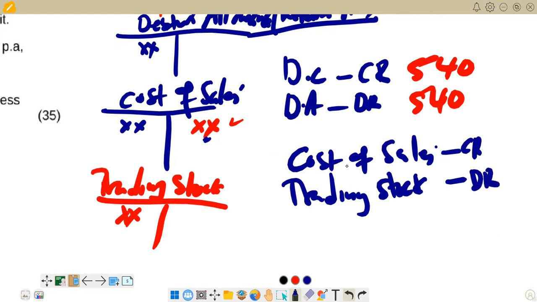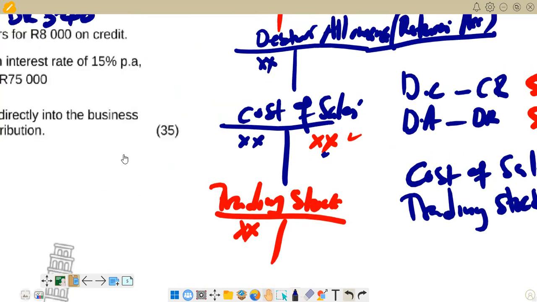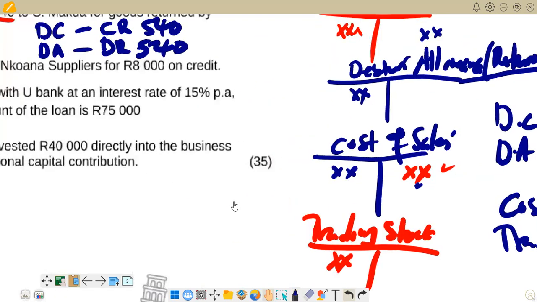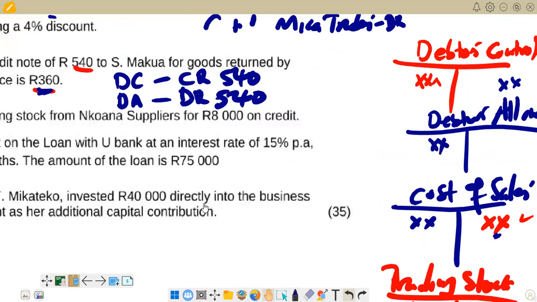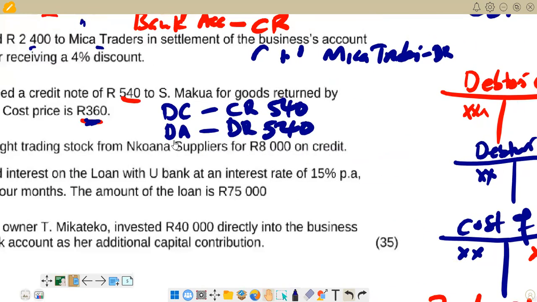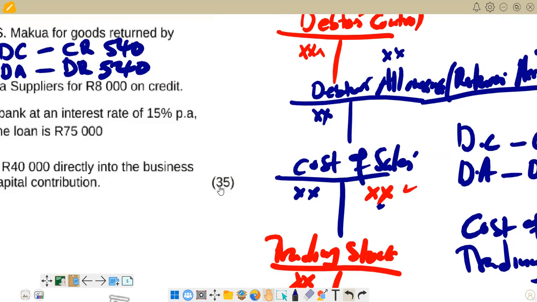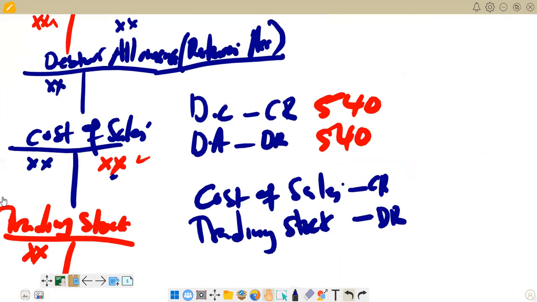We can recheck the amount that we have at cost now. We are entering that one at cost, and at cost it is 360. So this is the figure that we are going to use there. These are the two double entries that we are going to have in the answer section.